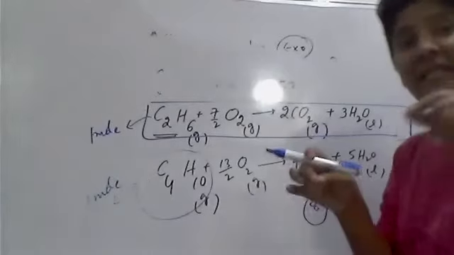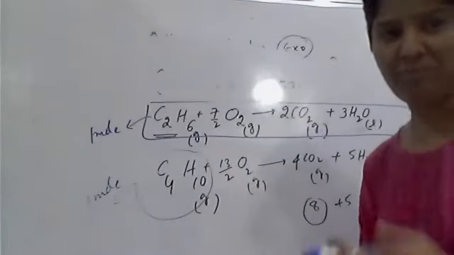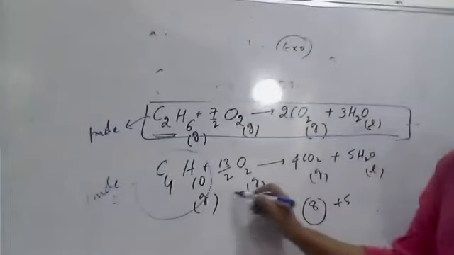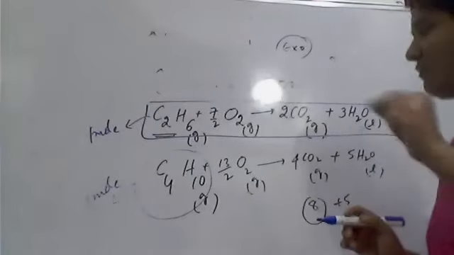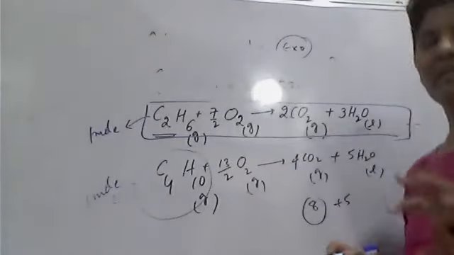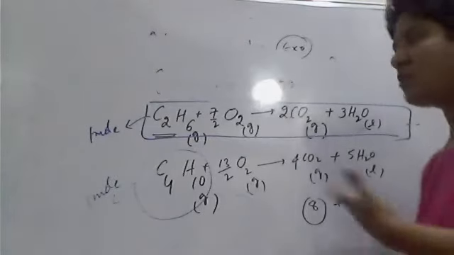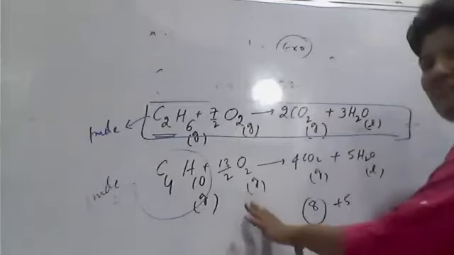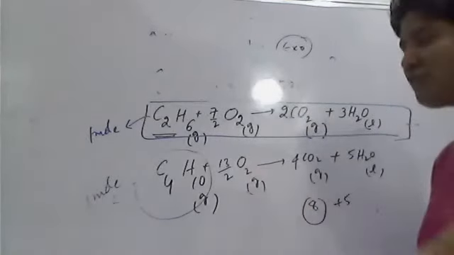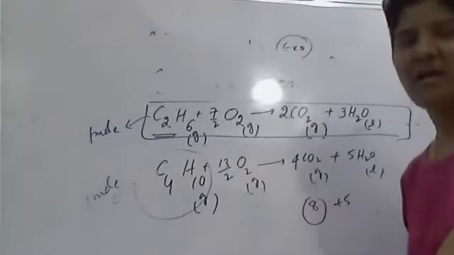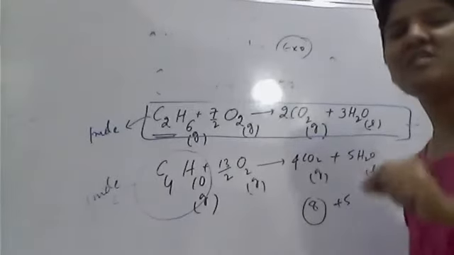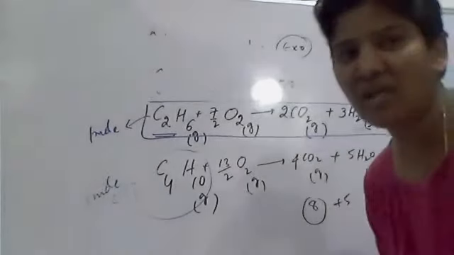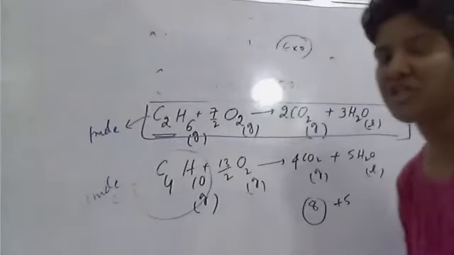Then in this stoichiometric equation, if you put the physical states of all the reactants and products along with the heat changes, that is delta H, whether positive or negative. Obviously combustion reactions are exothermic, so delta H is negative. If you mention the heat changes and the physical states of reactants and products in the balanced equation, that equation is called a thermochemical equation.